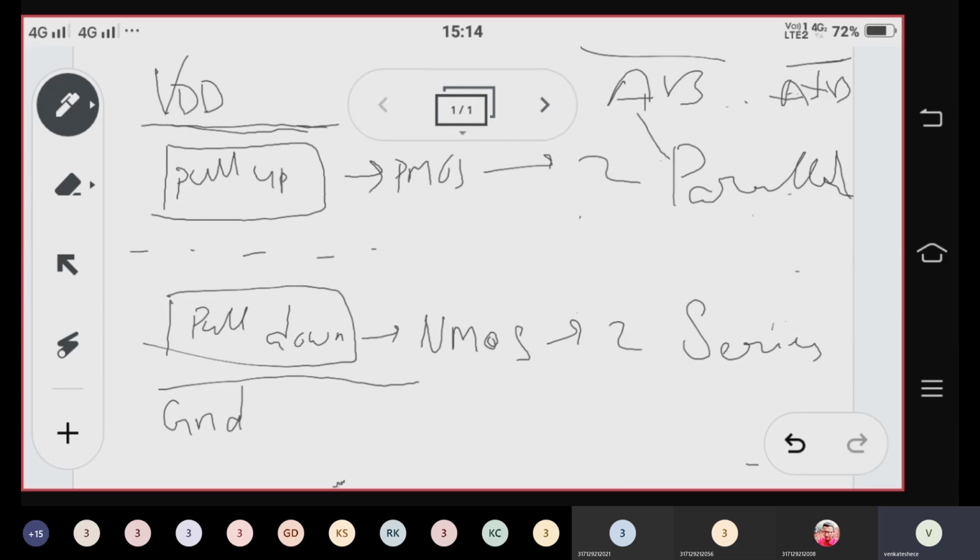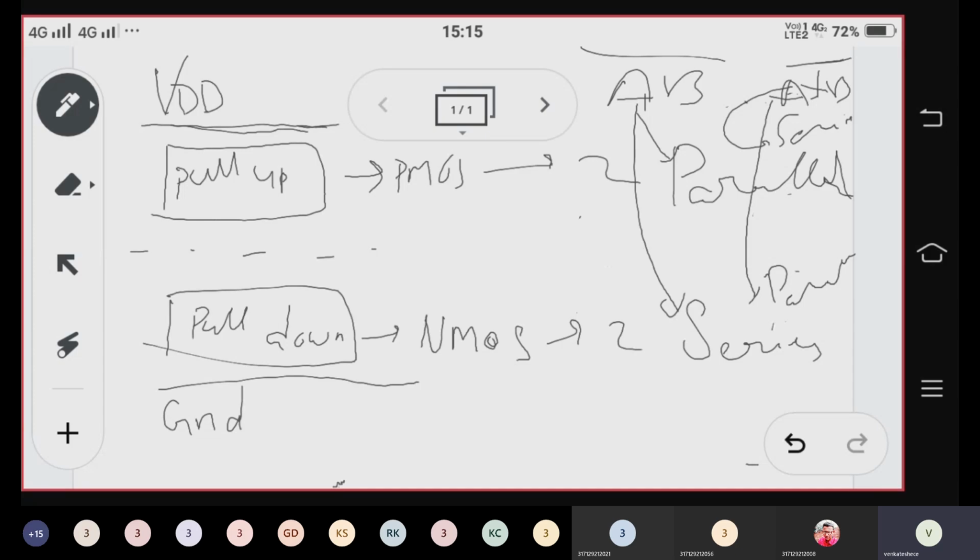If product is there, PMOS are connected in parallel and NMOS are connected in series. Okay, so in this way, we will design a circuit using CMOS technology.